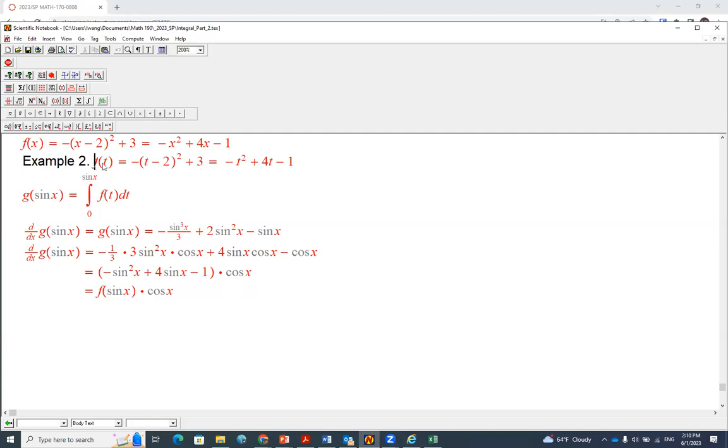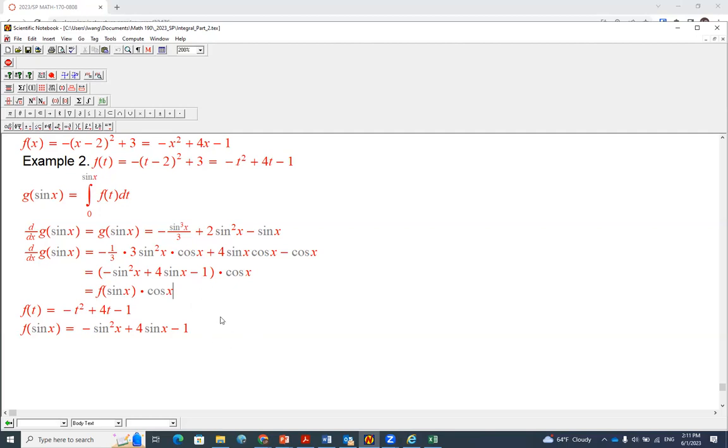Because this is f, but when you substitute t with sine X, this will be sine X. Aren't these two the same? So that's how chain rule is applied.